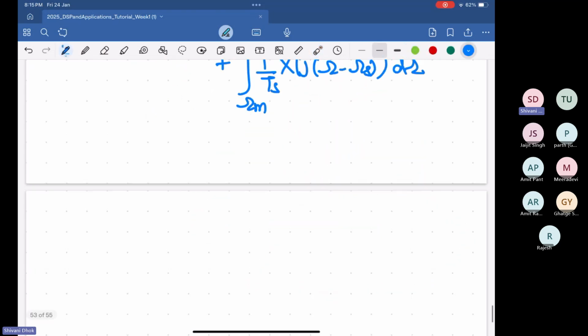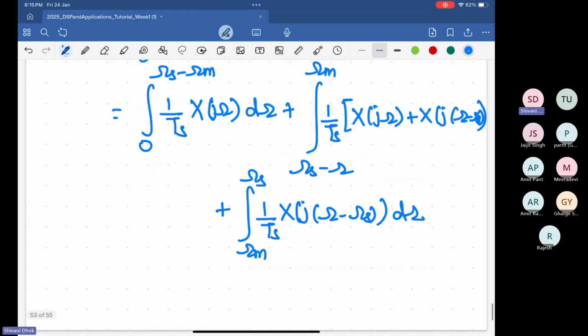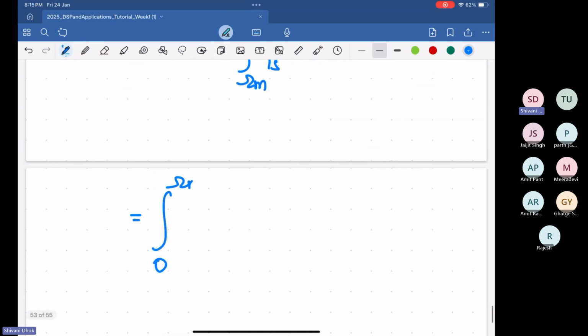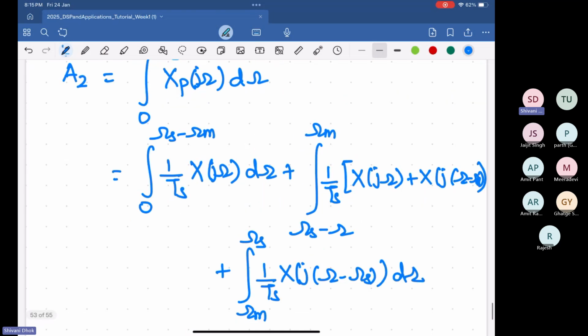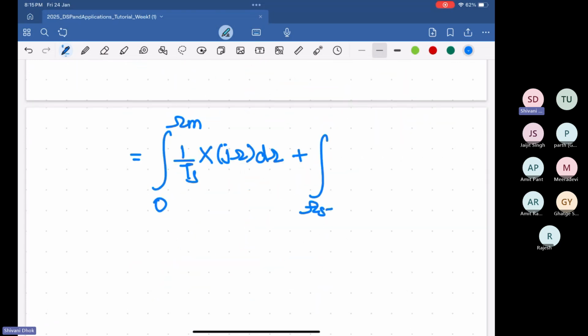So what we get now is this is equal to integral from 0 to omega m of 1 over Ts X of j omega d omega plus integral from omega s minus omega m to omega s of 1 over Ts X of j omega minus omega s.